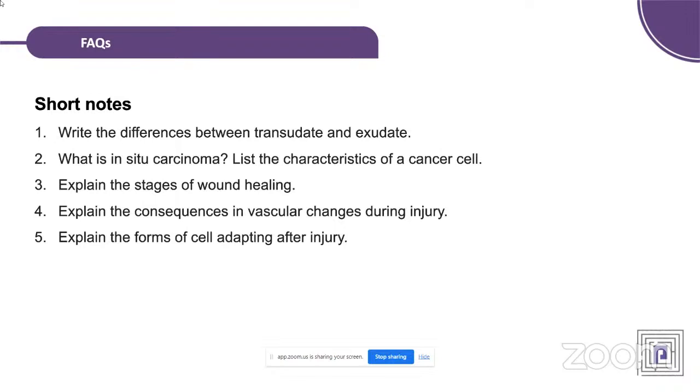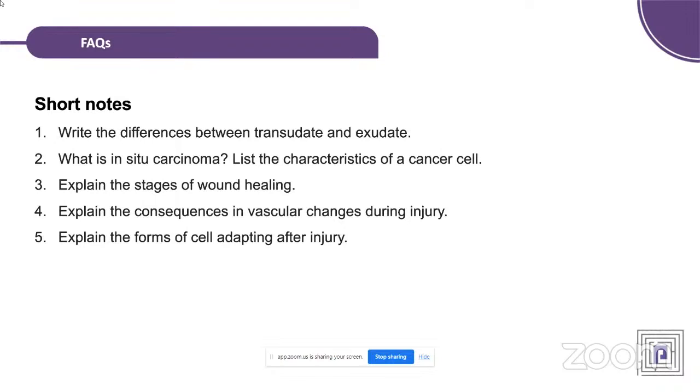Okay. And then explain the forms of cell adaptation after injury. So there are certain changes which the cell will adapt after the injury. For example, in pregnancy or puberty, the breast size will increase, because of the lactation after the pregnancy, the breast should be hypertrophied, and hyperplasia of the breast is necessary for the lactation.